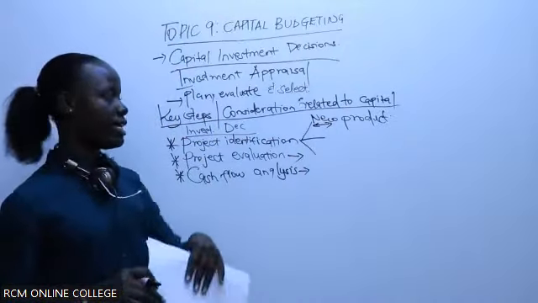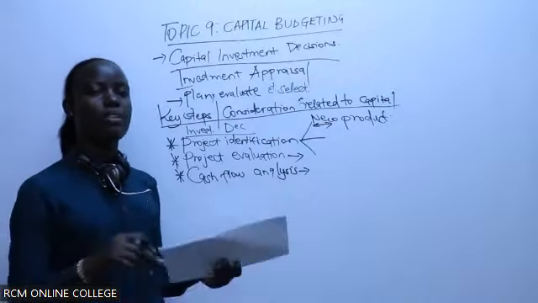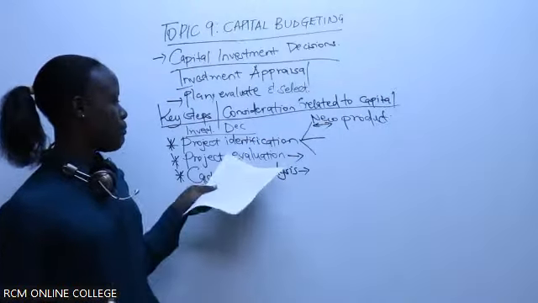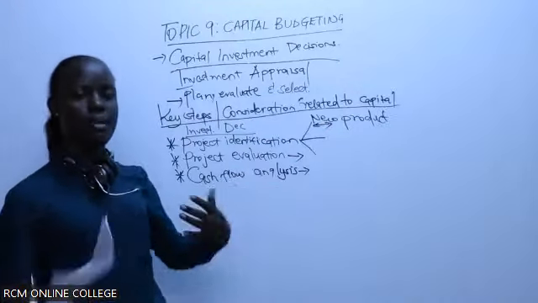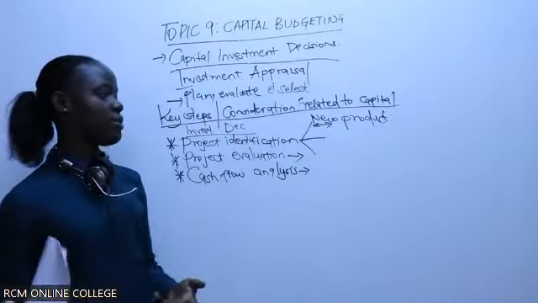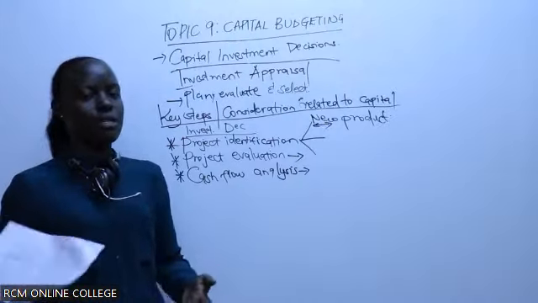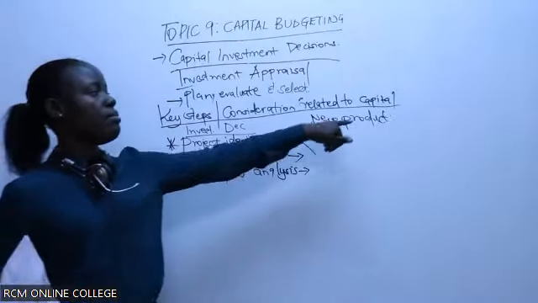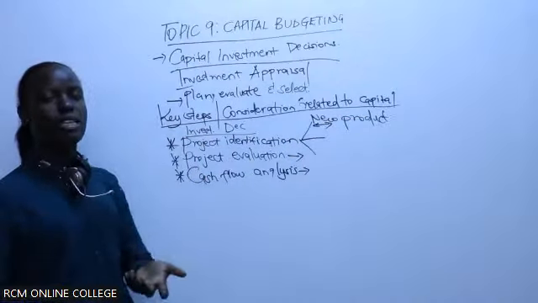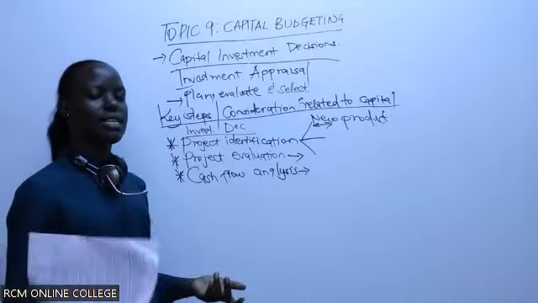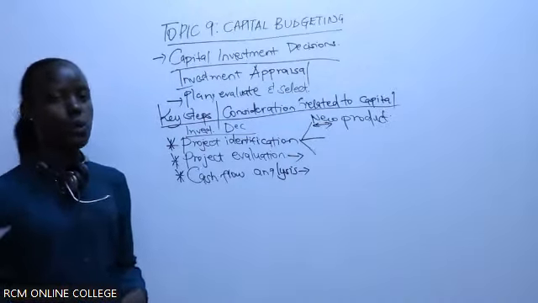So at project evaluation is where you evaluate the cost of starting up the project, the benefits that will be associated with this project, even the expected outcomes. What outcomes will be related to the product that you want to launch? How will it be advantageous? Those are the benefits. What outcomes are related with it, expected outcomes, and even the risks associated with this project.